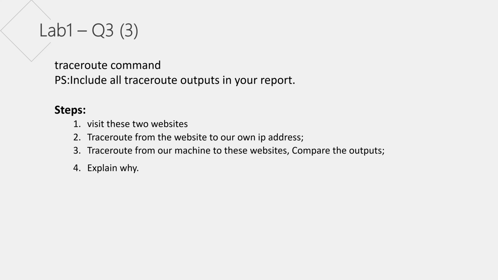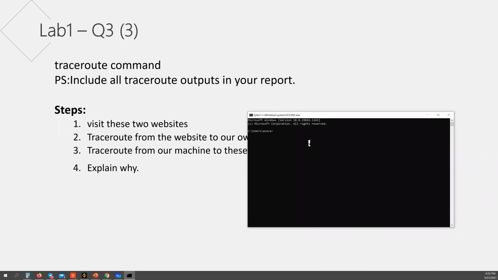I just tried it and it says traceroute is not recognized, but I found tracert. Are those the same? Yes, they are the same, but I assume you are using Windows 10 instead of the VLab. I think you have this problem, right? You are running on your own machine.